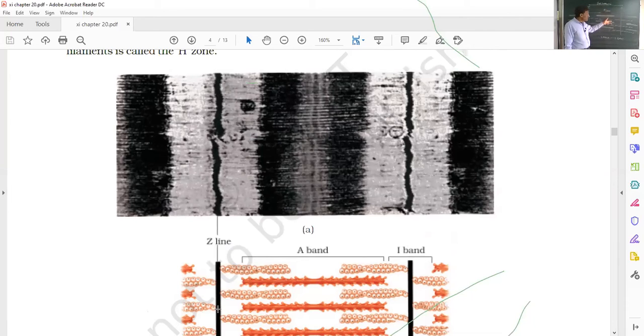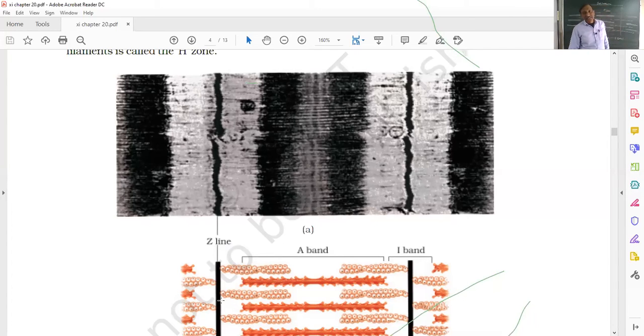These are the places of overlapping, and when it is overlapping, they become anisomeric, that is, having more than one type. Where they are uniform, having only one kind of fiber, they are called the I band. From here to here is the A band, and the only lighter zone is where only myosin is there. So it is called the H zone.